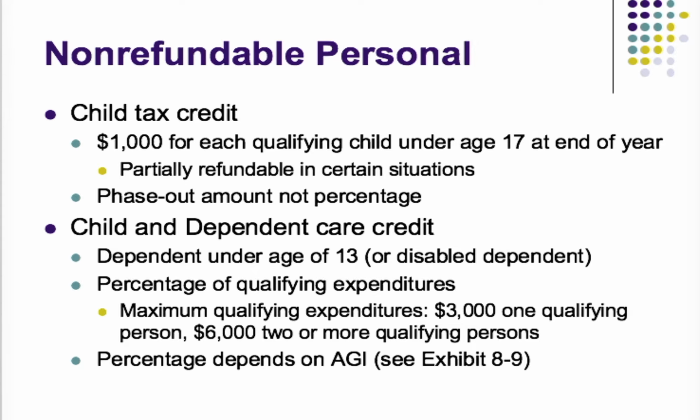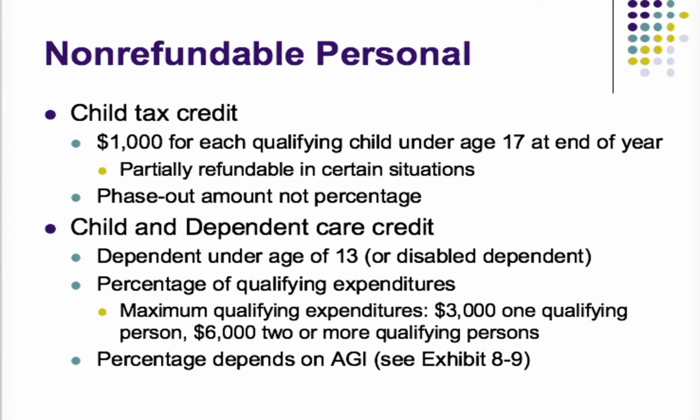On the non-refundable personal credit category, the only type, but the most common, is the child tax credit. It's $1,000 for each qualifying child under the age of 17 at the end of the year. Partially refundable in certain situations, but it does phase out at varying income levels.